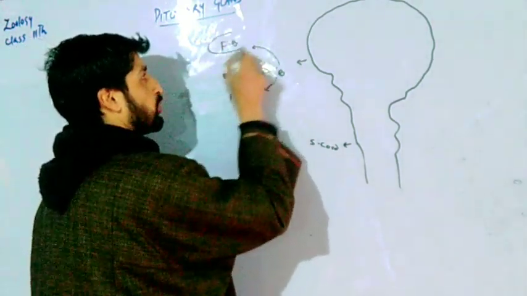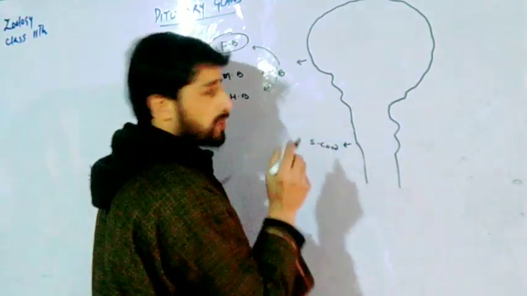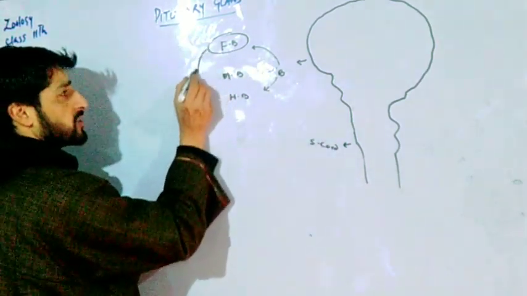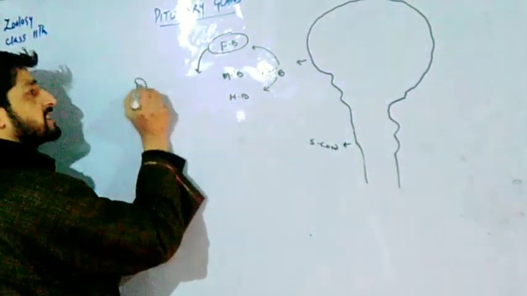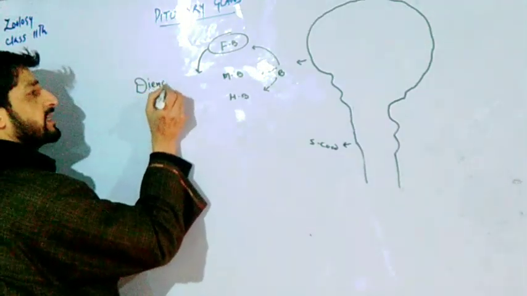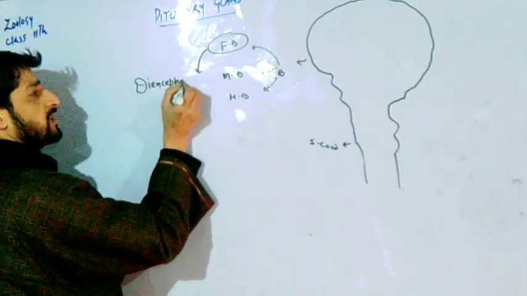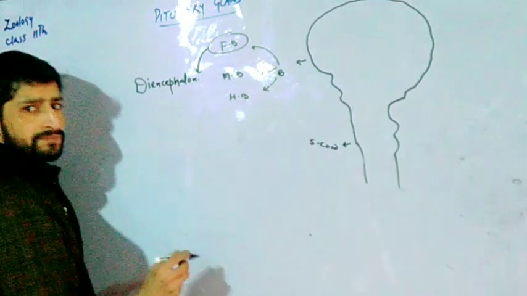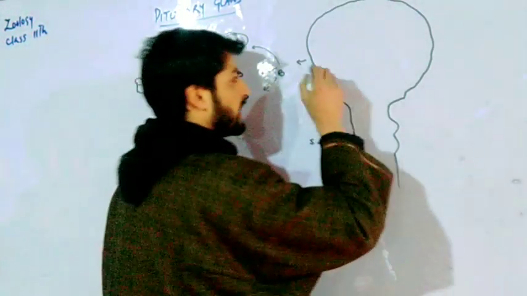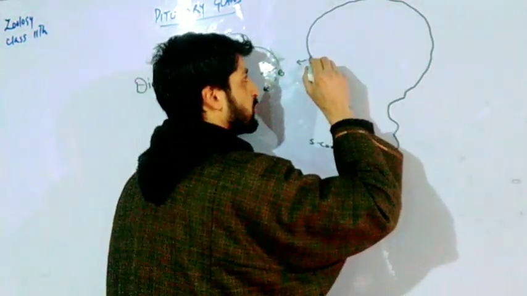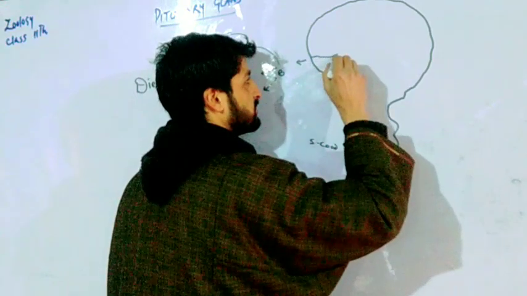As far as this forebrain is concerned, forebrain contains a special region that we call diencephalon. Here, let us assume this portion be the diencephalon.